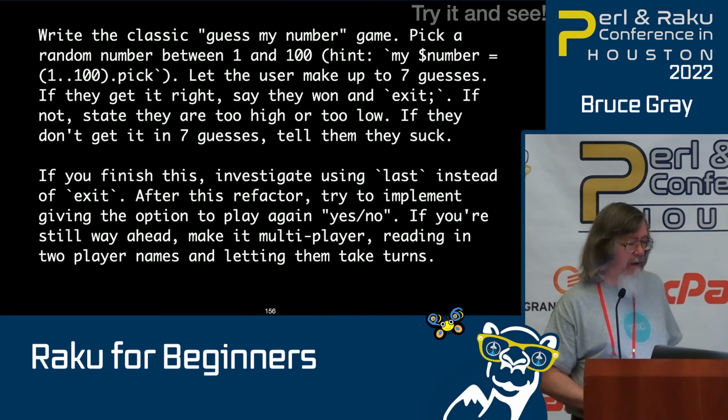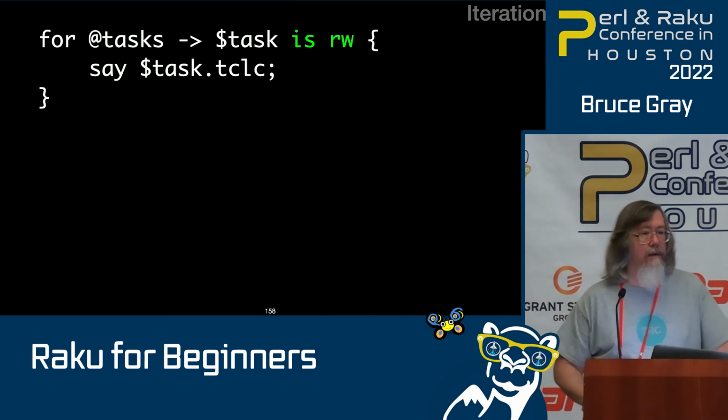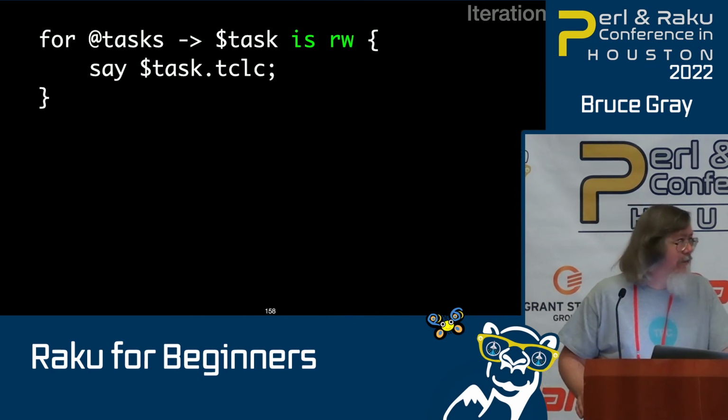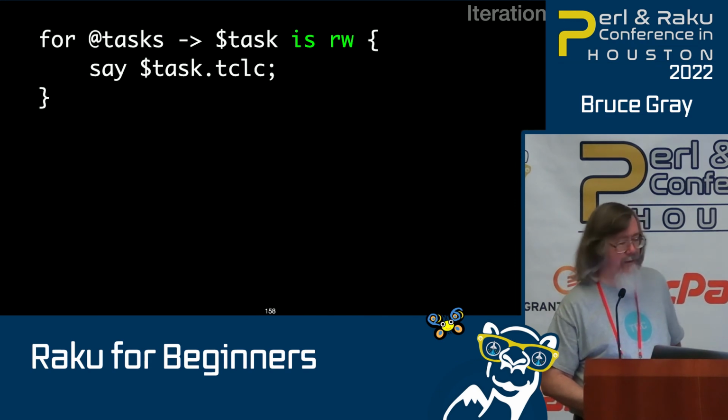Okay, replace that with something better. There's a for loop. Again, we've got this read-only alias. I can say is rw. This is something called a trait.